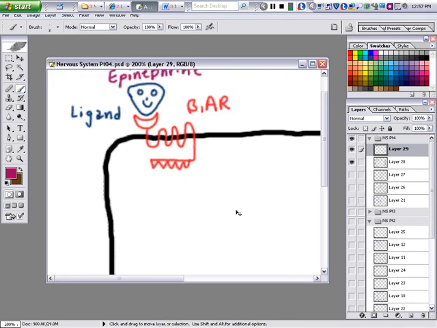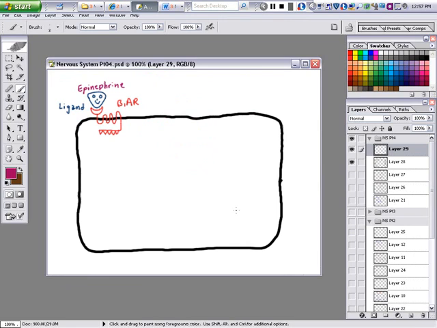Okay, so I'm going to go back out here. Now, within our heart, you're going to have some muscle fibers within our heart cell. I'm going to draw one here.